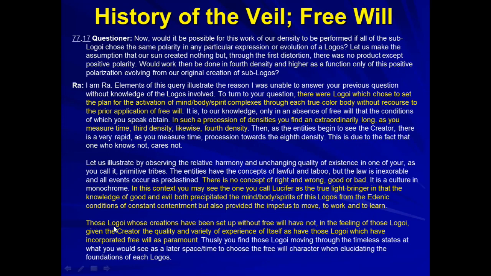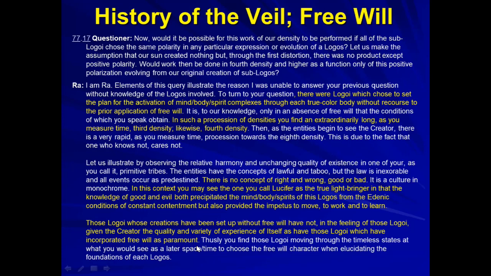So he goes on, those logoi, whose creations have been set up without free will, have not, in the feeling of most logoi or other creative sons, given the creator the quality and variety of experience of itself as have those logoi which incorporated free will as paramount.